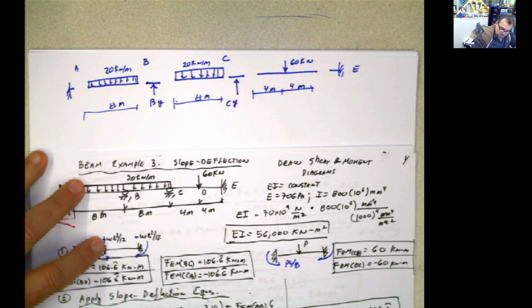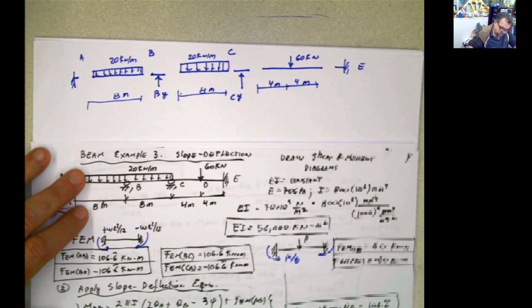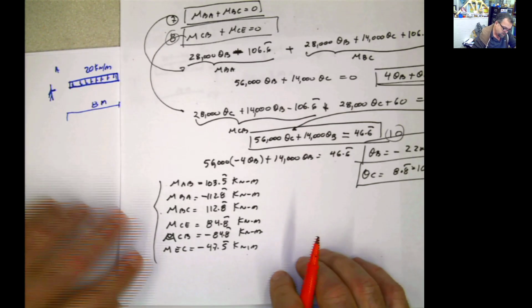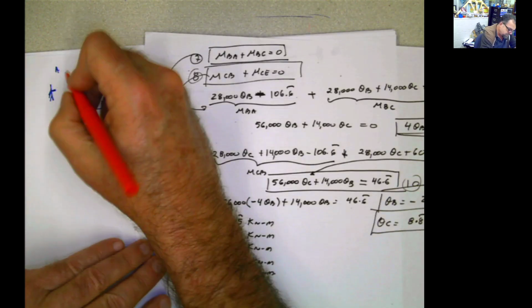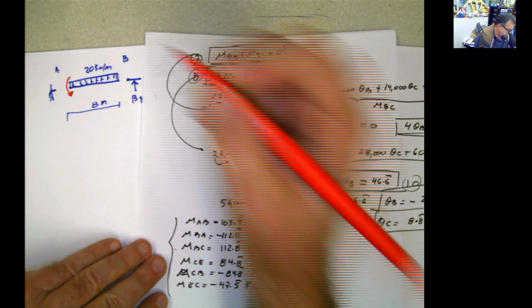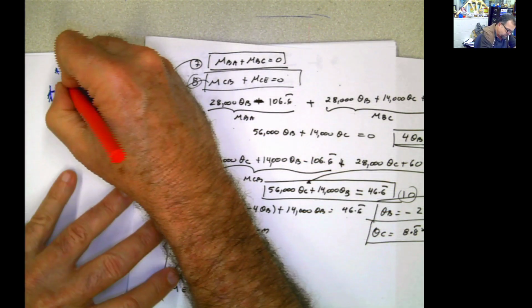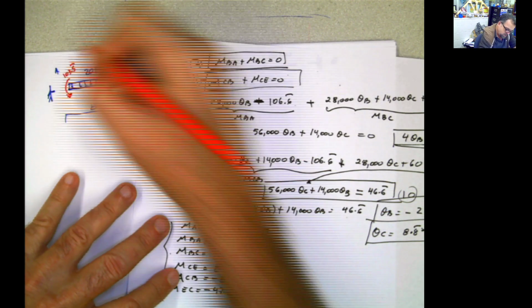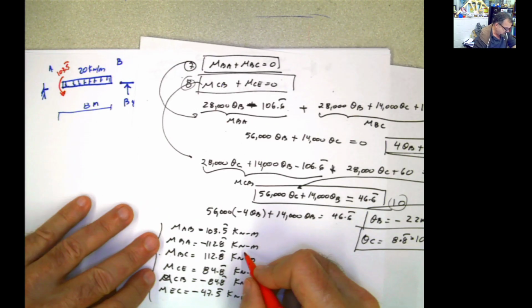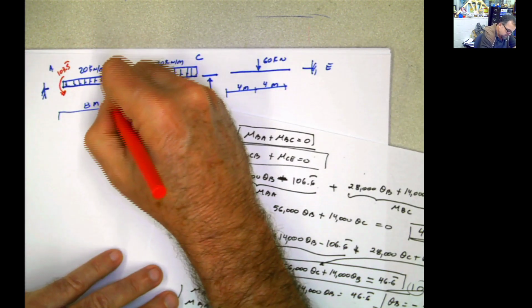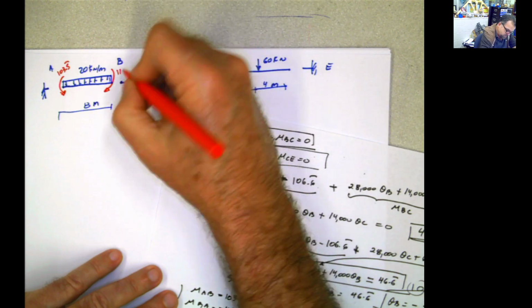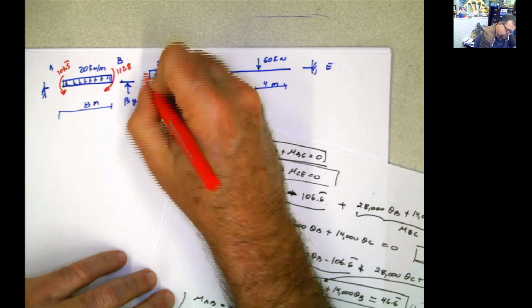Now let's start putting all the values that we got for our moments over there. Moment AB, positive 103.5. Moment BA, negative 112.8. Moment BC, positive 112.8.